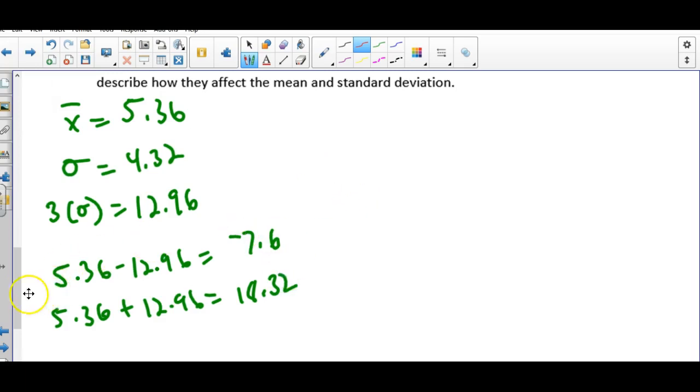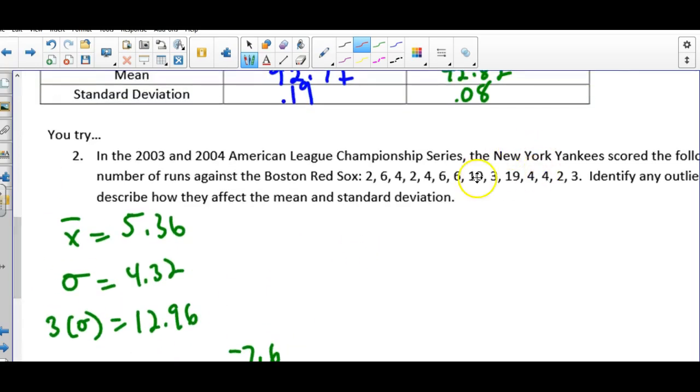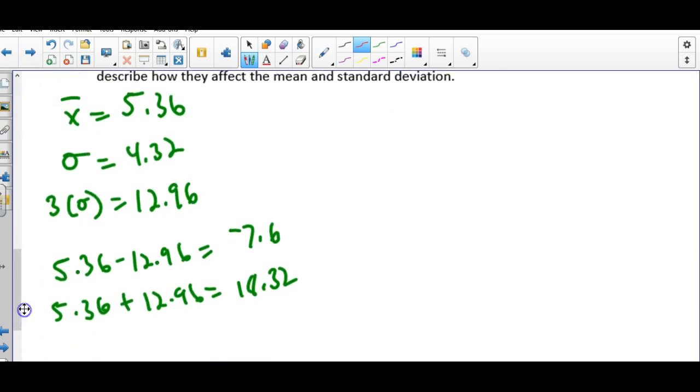So now, are there any values in this set that are either less than this or greater than this? There is. 19. The 19 is an outlier. There's our outlier.